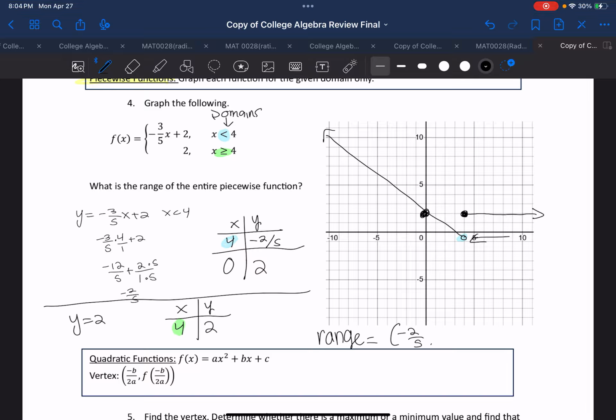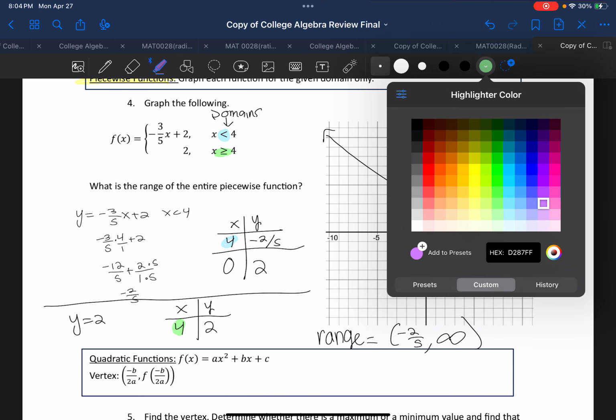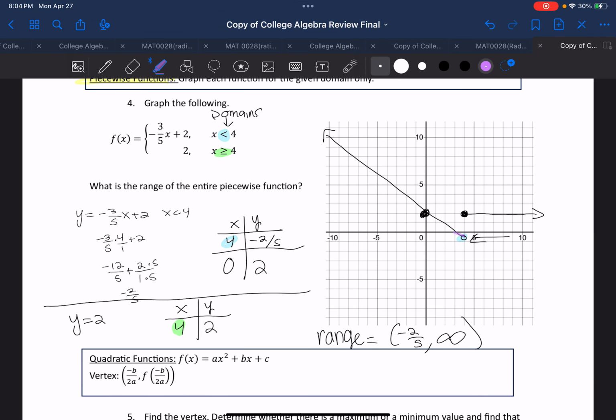So that gets a parentheses. And then that line goes up forever, so it'll have all the y values. So this is the range, -2/5 to positive infinity. Again, because this one's going up. It even has 2, so I don't need to worry about this because that's all 2 for y. But it keeps going up, up, up. So that's my range, bottom up.